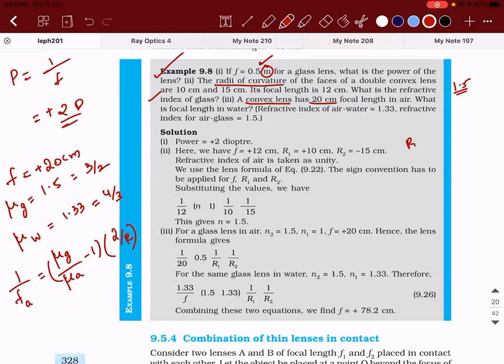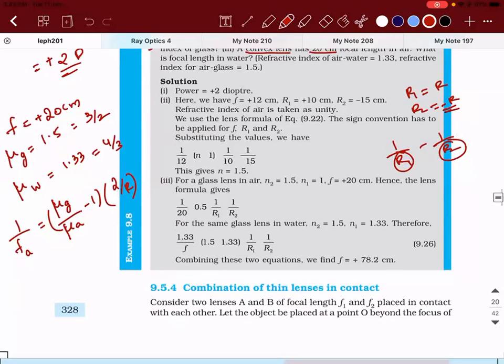Because r1 is r and r2 is minus r. So when you substitute the formula 1 by r1 minus 1 by r2, here it will be r, here it will be minus r. So it will be 2 divided by r. This is the value of 1 by fa. This is equation number 1.